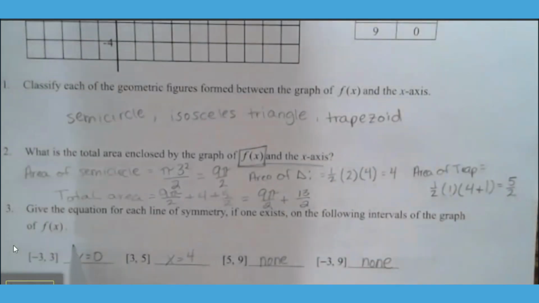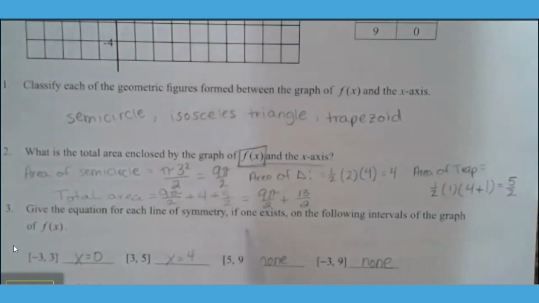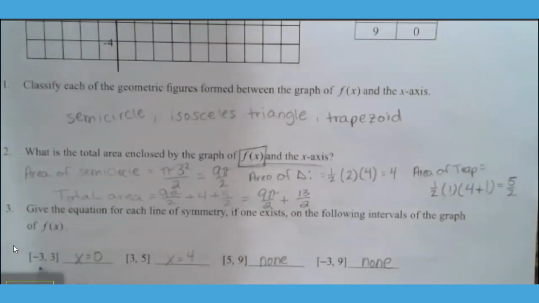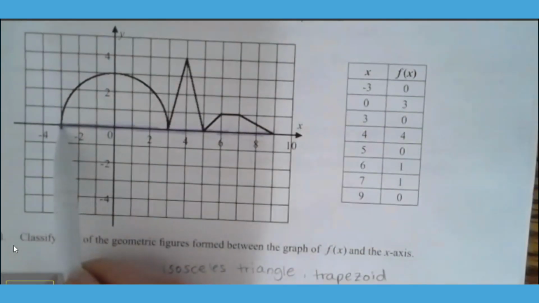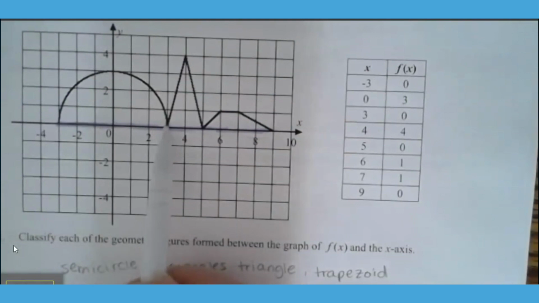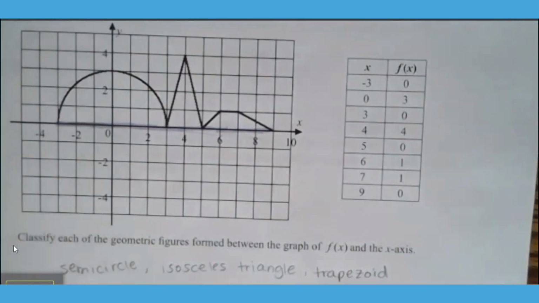For question 3, we are asked to find the line of symmetry if one happens to exist for each of those following intervals. So helping your students understand that this is not x is -3 and y is 3, but this is an interval from -3 to 3, from where x is -3 to where x is +3. I'm looking for that line of symmetry.